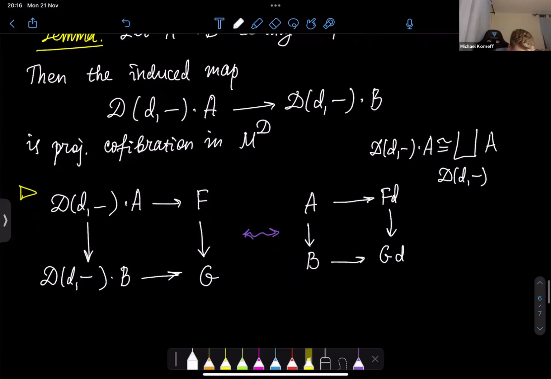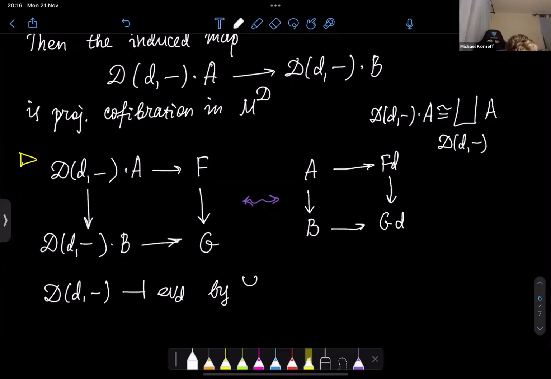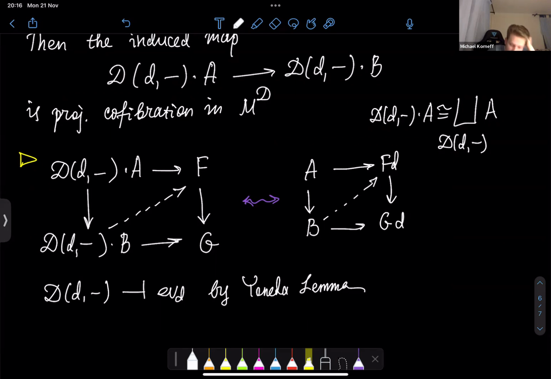We know that this functor is a left adjoint to the evaluation functor by the unit lemma. So if we have a lift on, for example, the right side, then we have also a lift here, and vice versa.